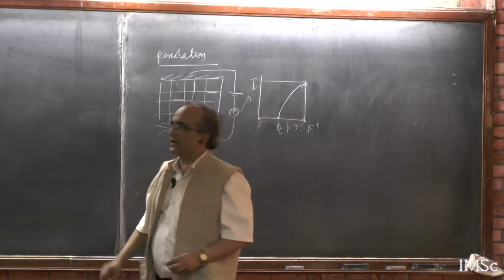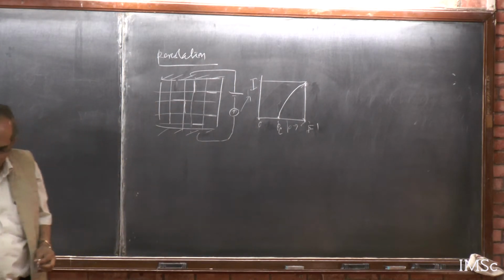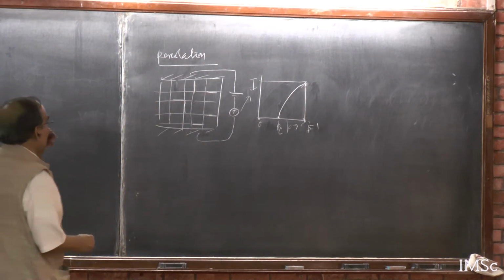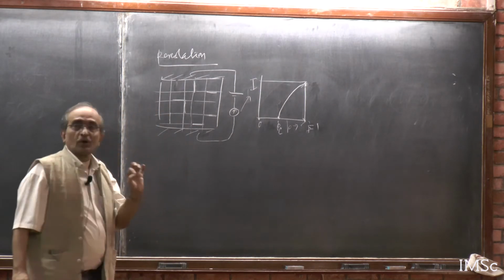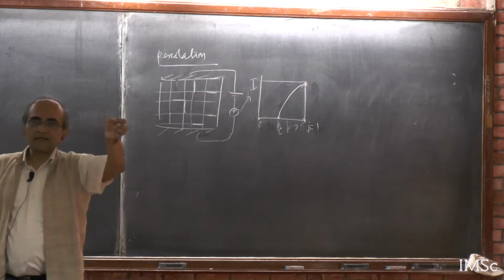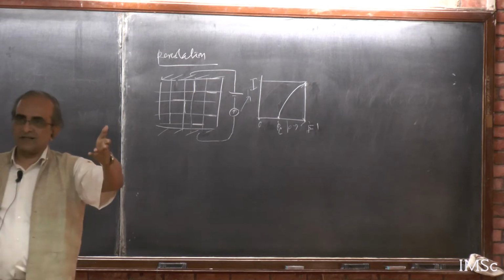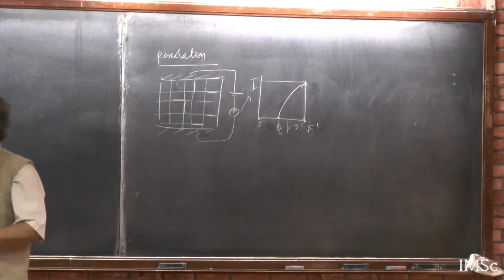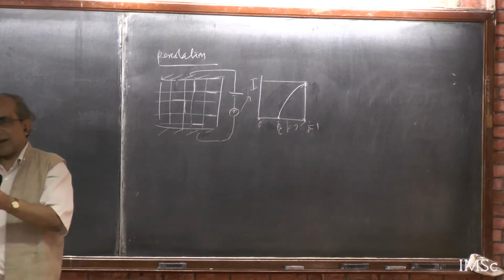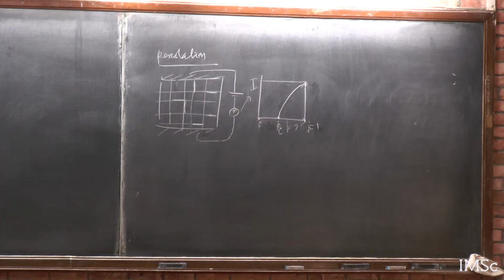Now there are various quantities that would be important. One important quantity is the order parameter. Like in the magnetic case we considered magnetization as the order parameter. In this case we said the velocity of the nucleated crack is the order parameter.